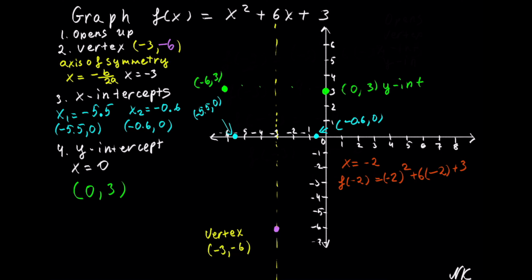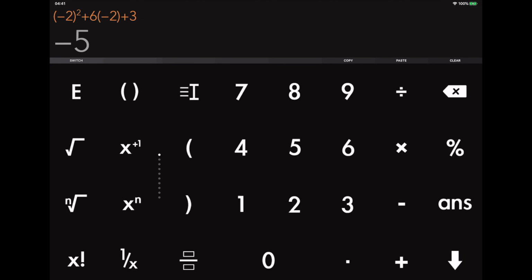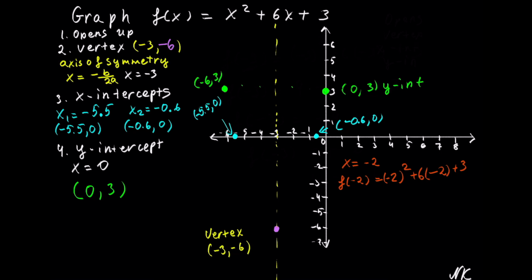You can just plug it into a scientific calculator and you will get negative 5. So when x is negative 2, y is negative 5. At negative 2, negative 5 we will have a point, and we will also have a mirror point at x equals negative 4, because the graph is symmetric across the axis of symmetry.